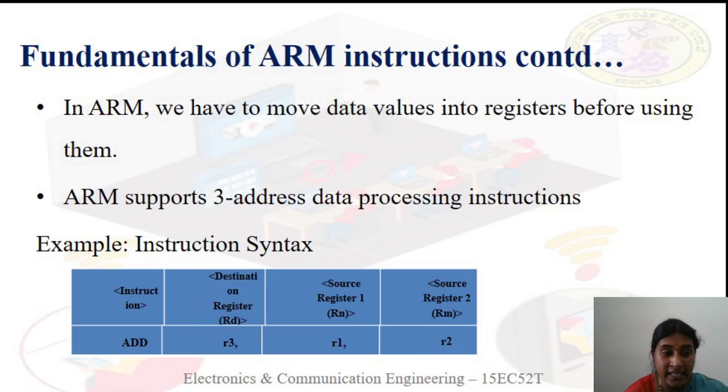This instruction will indicate what operation you are telling the ARM to perform. Here I took an example like ADD R3, R1, R2. So ADD will perform an addition operation of 2 operands. This instruction will do an addition of register R1 and register R2.